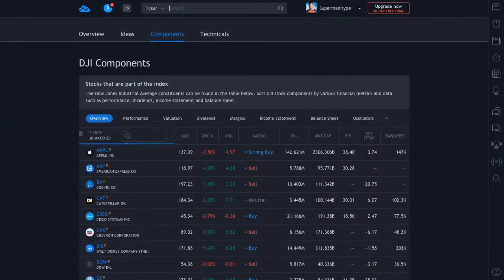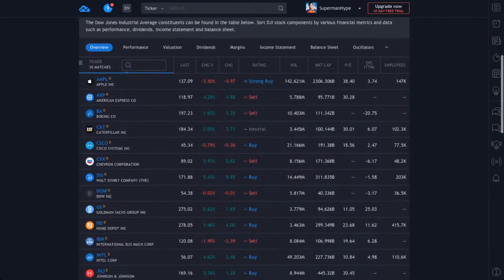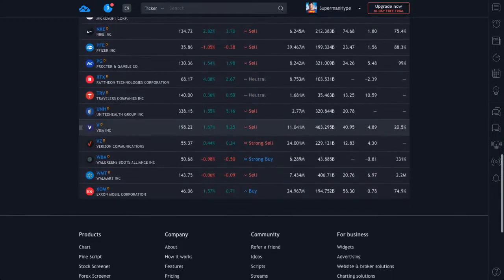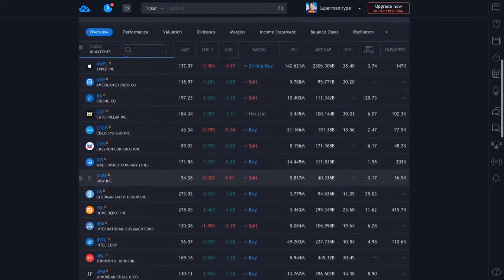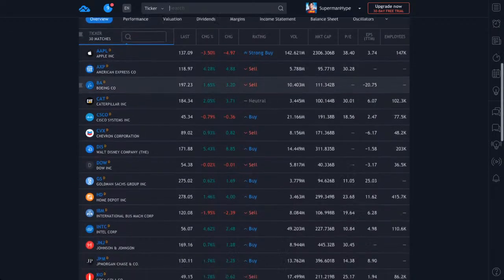So the Dow Jones Industrial Average can be found in the table below. Sort the DJI stock components with various financial metrics. So this has all the components of the Dow Jones Industrial Average. Obviously got Apple on there, Boeing. There's all the companies that are in it. I think it's the top 30 industrials. Yeah, so there's 30 matches in DJI.